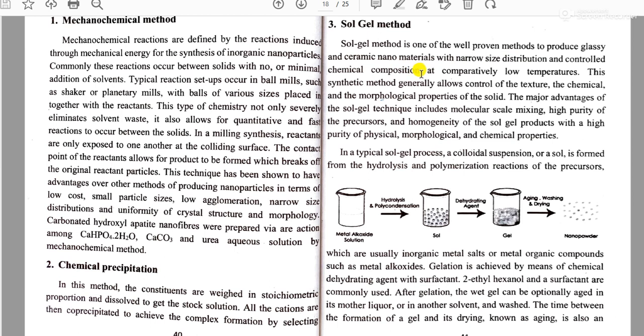That is, we can control its chemical composition so that we can attain high purity.